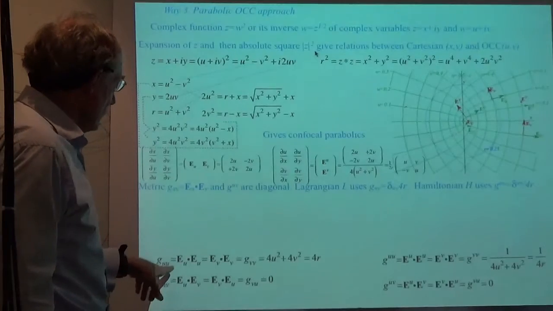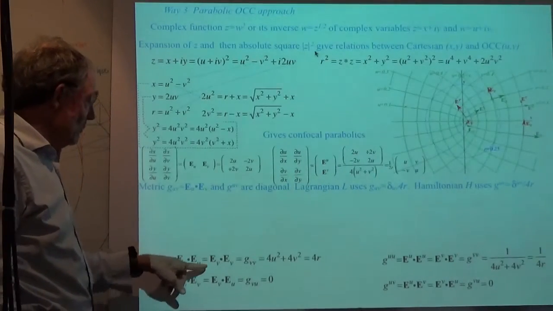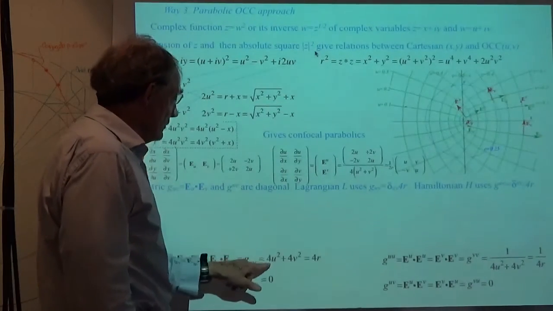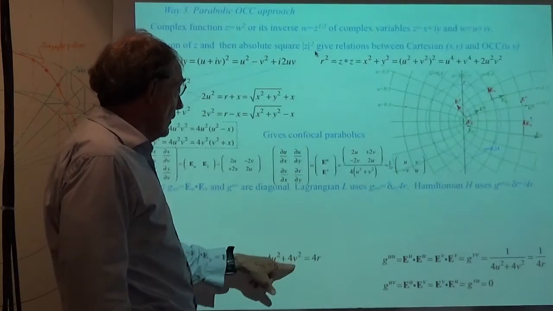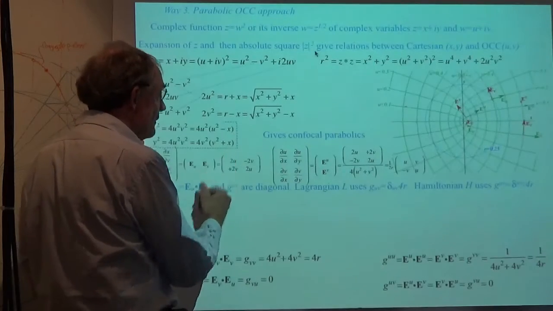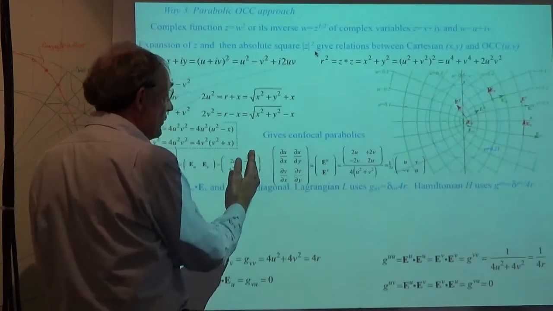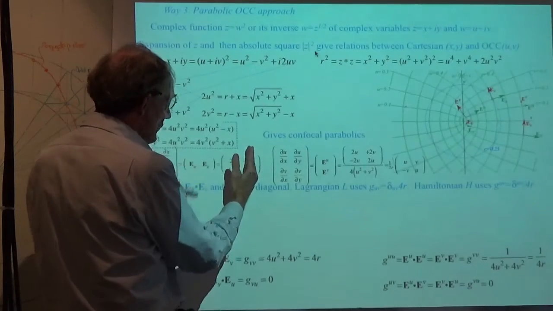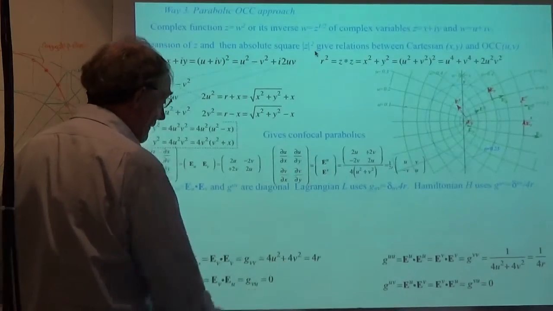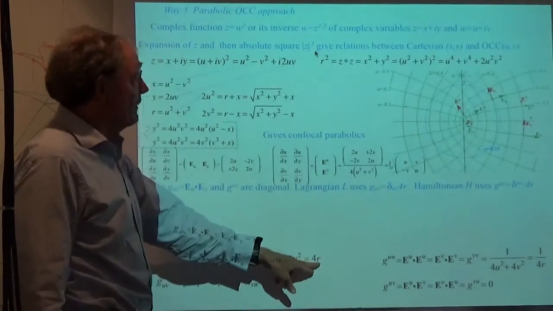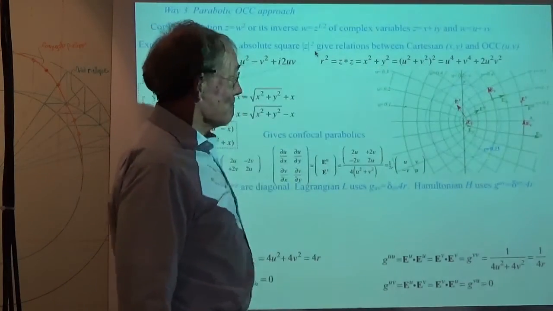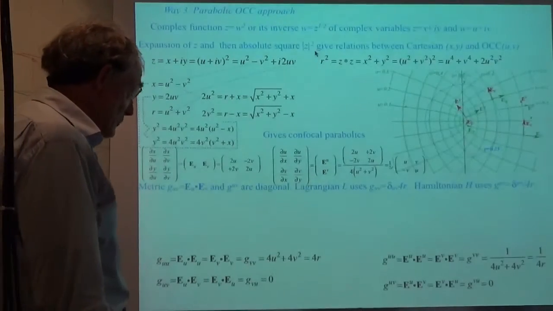So it doesn't matter whether you're talking about e_u·e_u or e_v·e_v, that's g_uu and g_vv, they're both equal to 4(u squared plus v squared). That's just a dot product of this vector with itself. The dot product of this with this will be 0 every time. And then the dot product of this thing with itself, that's vv, same thing. It's 4r, the radius. Okay, that's this r, square root of x squared plus y squared. Okay? So that's kind of cool.